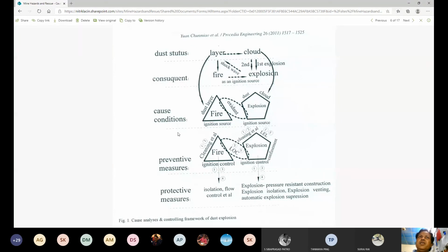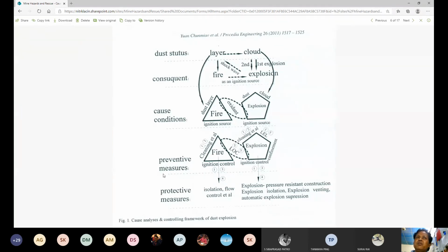And the cause conditions are dust layer or dust cloud. If there is a dust layer, fire will be there. If there is an ignition source, if there is oxygen, fast fire will be there, and if this fire moves to this cloud of dust, then explosion is going to take place.